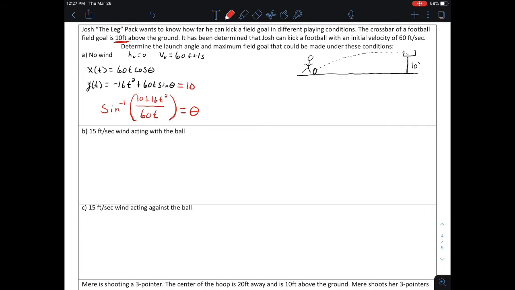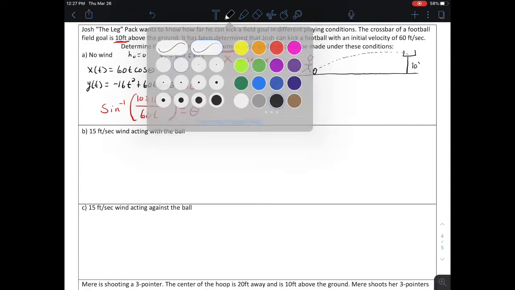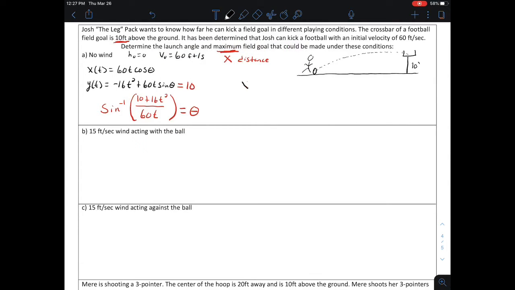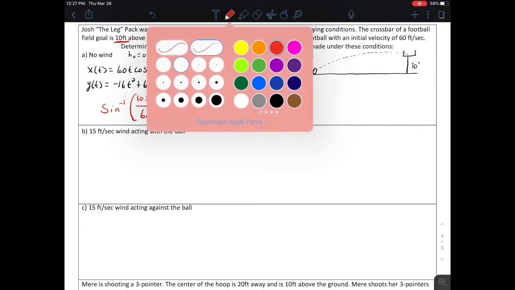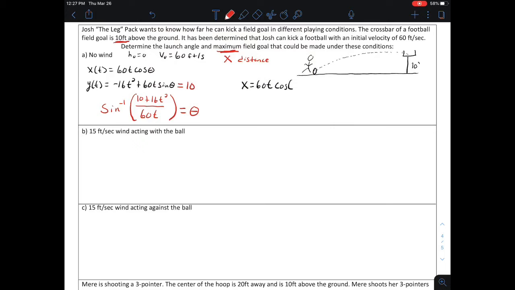Now, from here, in order to find a maximum, we want to maximize the x distance. So I'm going to take my x equation and start writing it. It'd be x equals 60t times cosine of, and where I'm writing theta is where I'm going to put my theta equation that we just derived.